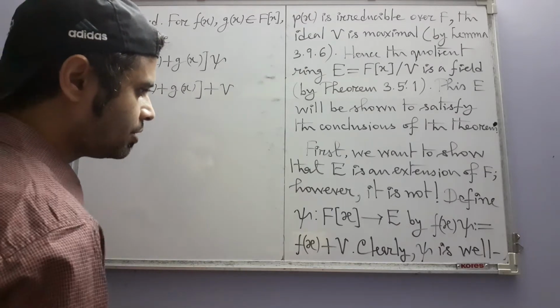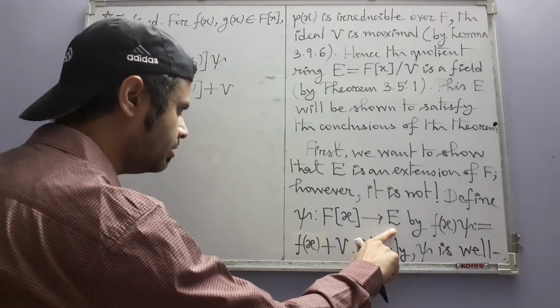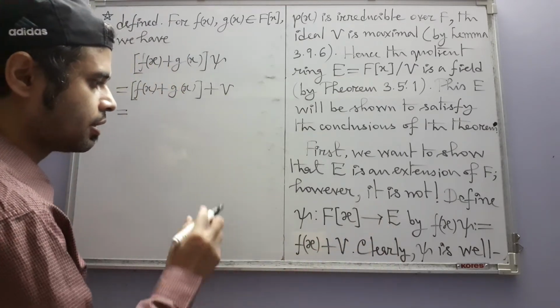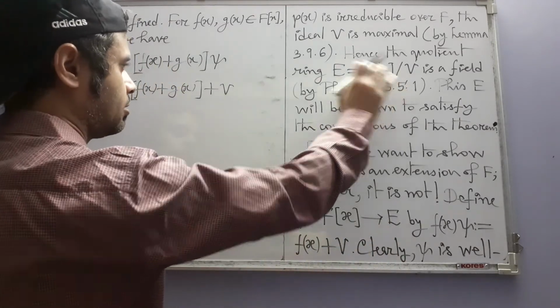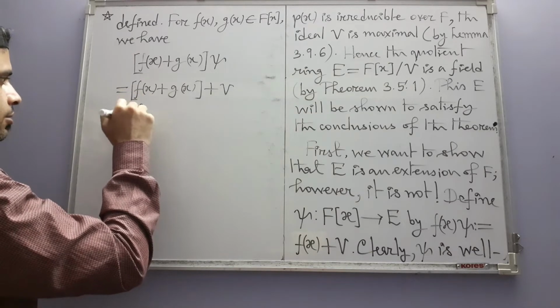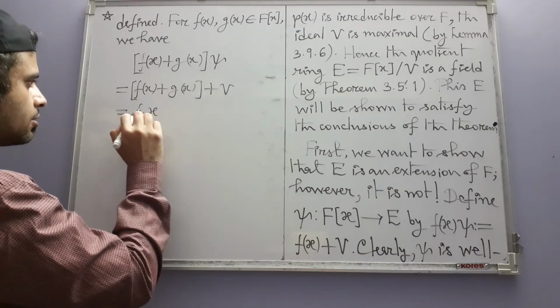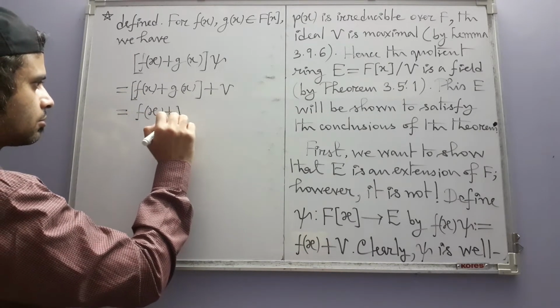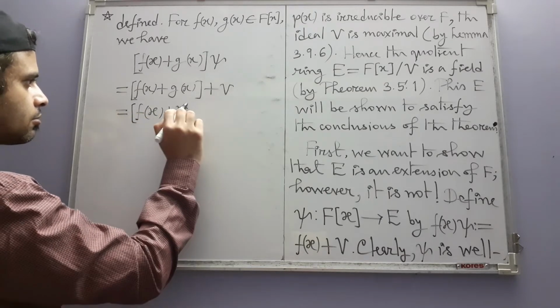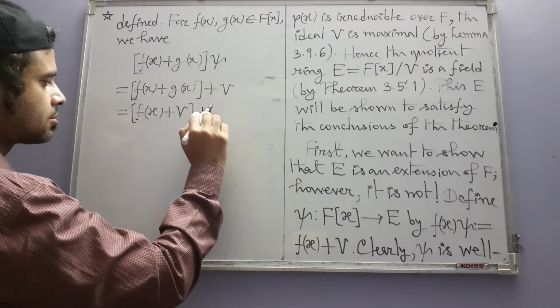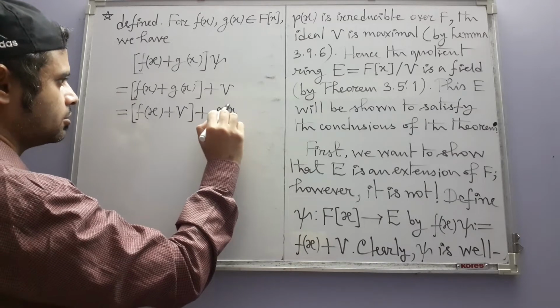Now, by the definition of addition in the quotient E, this coset is equal to this plus this.